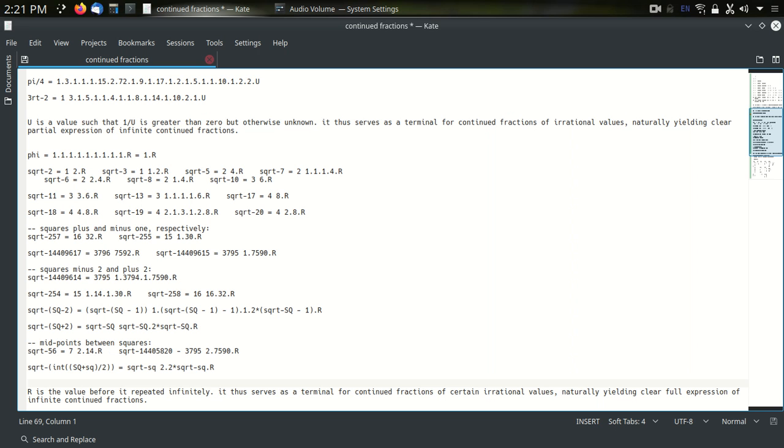So r, I'm going to skip that middle part there. R is the value before it repeated infinitely. It thus serves as a terminal for continued fractions of certain irrational values, naturally yielding clear full expressions of infinite continued fractions.